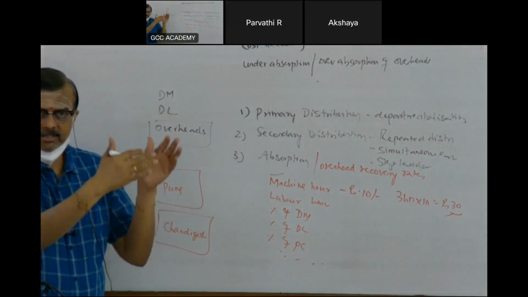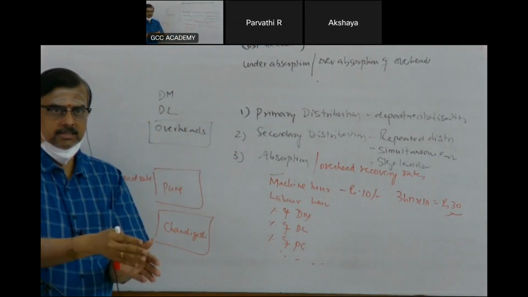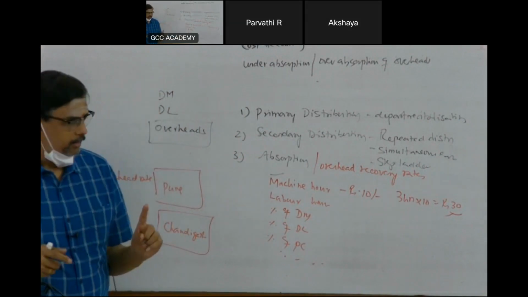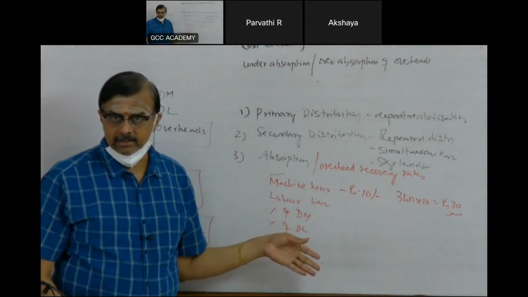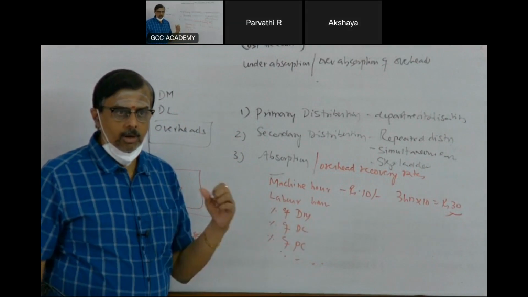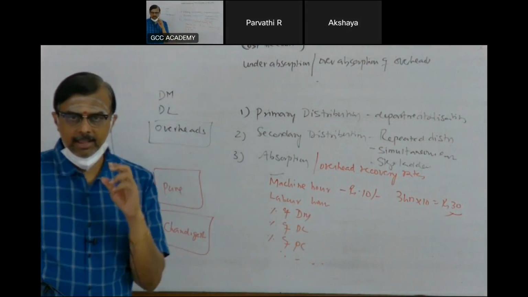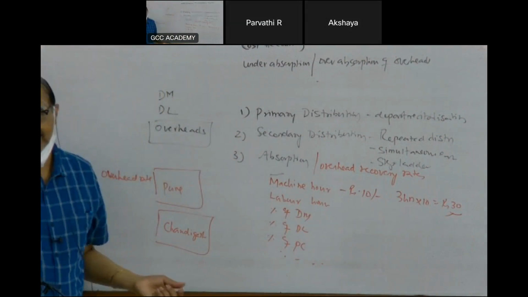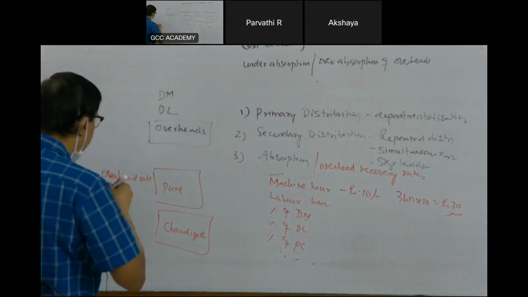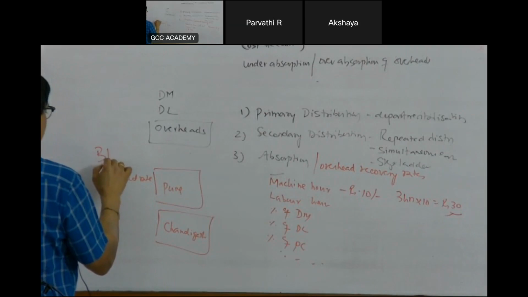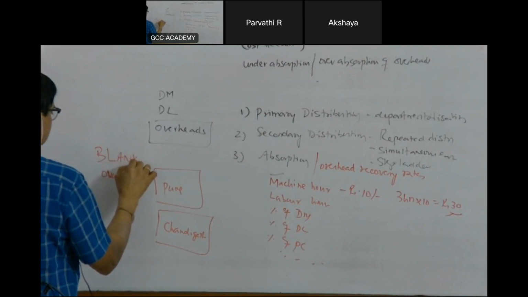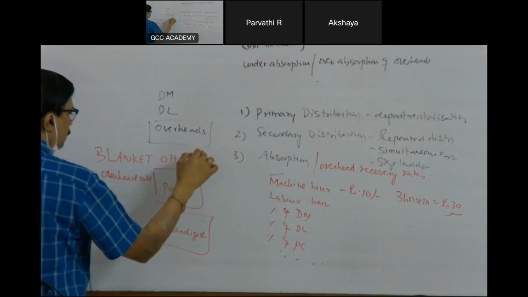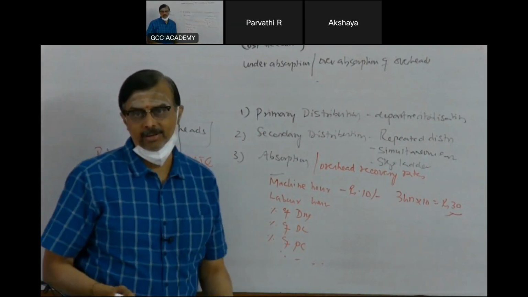A factory has got machining department, assembling department, engineering department. So then I can arrive at the rate. If I want to know what is my rate of overheads for a factory as a whole, what do we normally refer to that as? Blanket overhead.